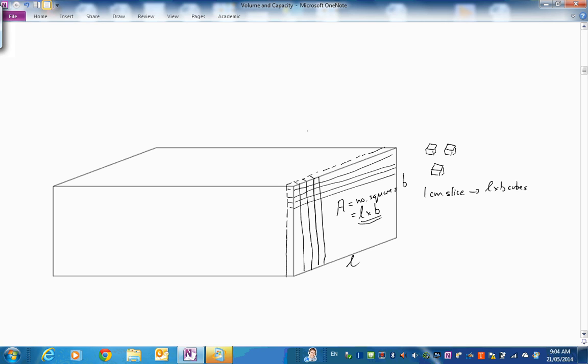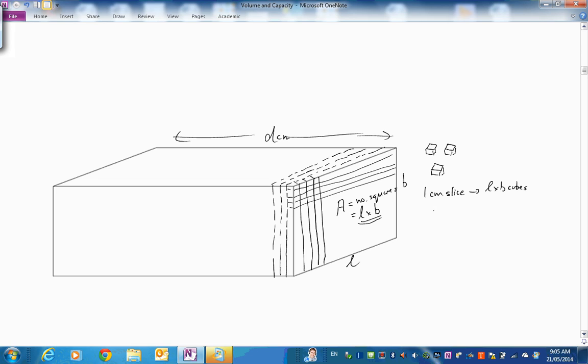Now, if we keep going and slice through there again, we get another layer of cubes coming off, and do it again, etc. How many slices can we do? That depends on D, the depth in centimetres, or in metres, whatever unit.